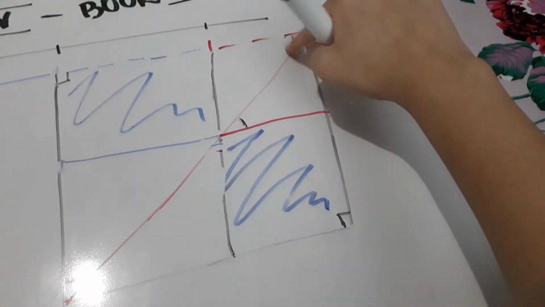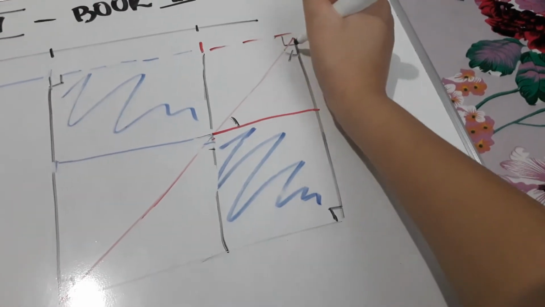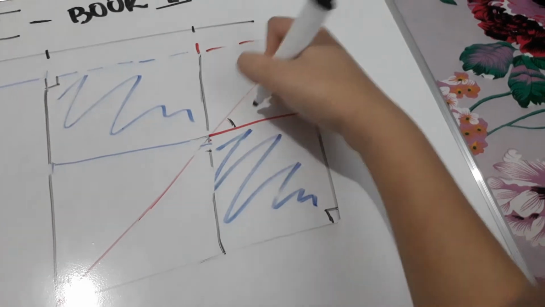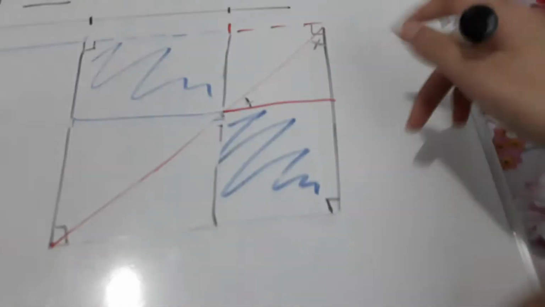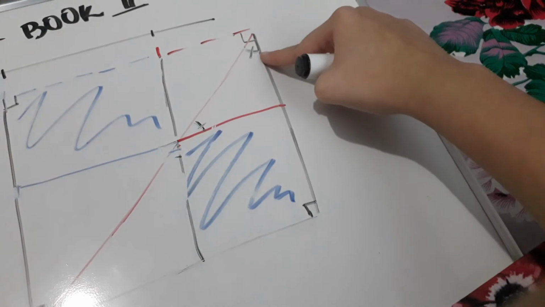Okay, I think, no, I'm sorry. This one, I guess, is going to be equal to this one, because they are going to be internal ones. Okay, but they are going to be equal.